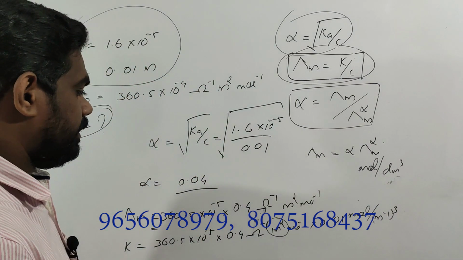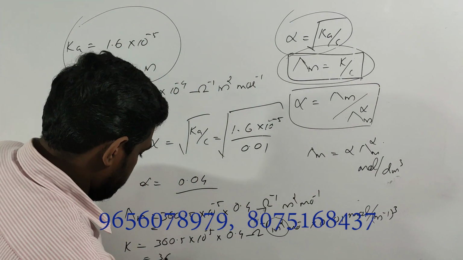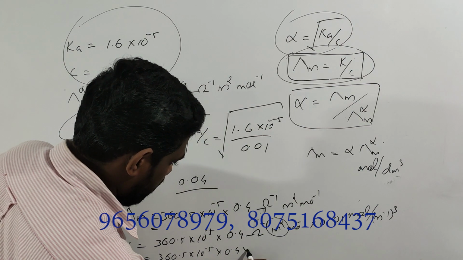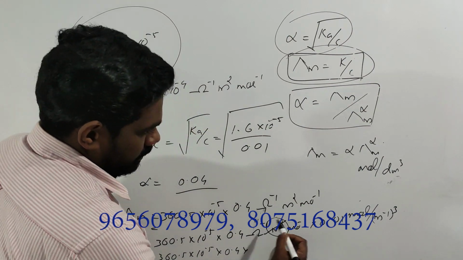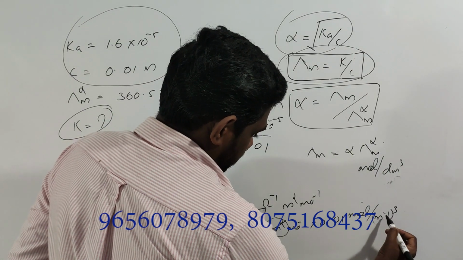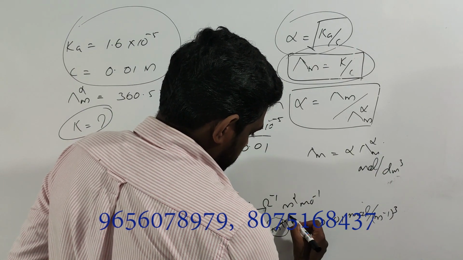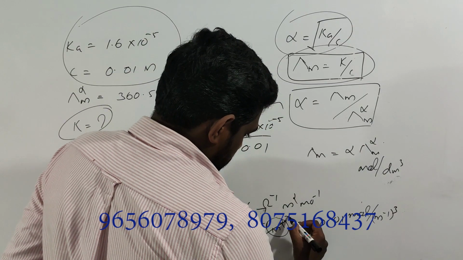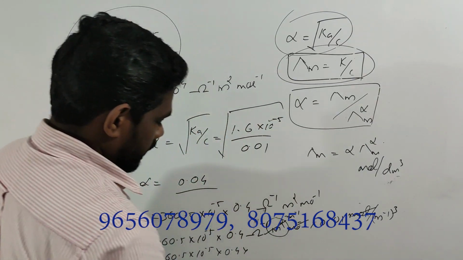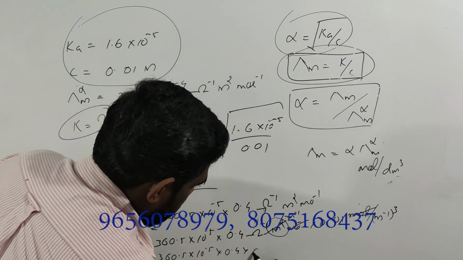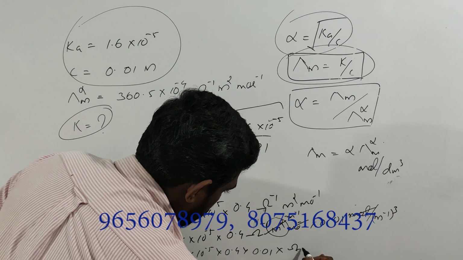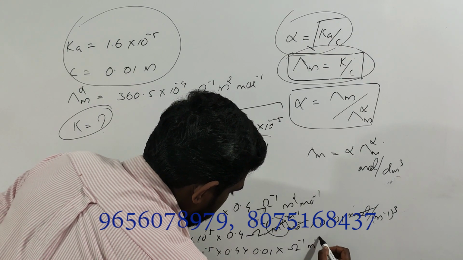Okay, so that is it. So we will get 360.5 into 10 raised to minus 5 into 0.4 into, this will cancel out, this will be mole raised to minus 3 and mole square equal to mole raised to meter raised to minus 1. This will cancel out, so into 0.01 into ohm inverse meter raised to minus 1.